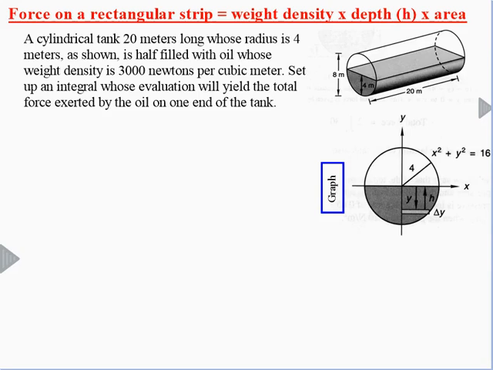Well, how are we going to set up this integral? Let's just start with our weight density. In this case is 3,000. The depth. Now this is different. Before, on our other two, our graph was set up in the first quadrant, and we could do 5 minus y in those cases.